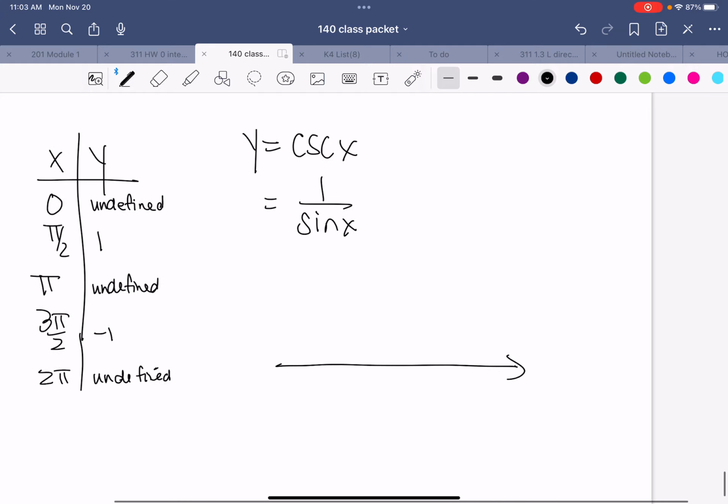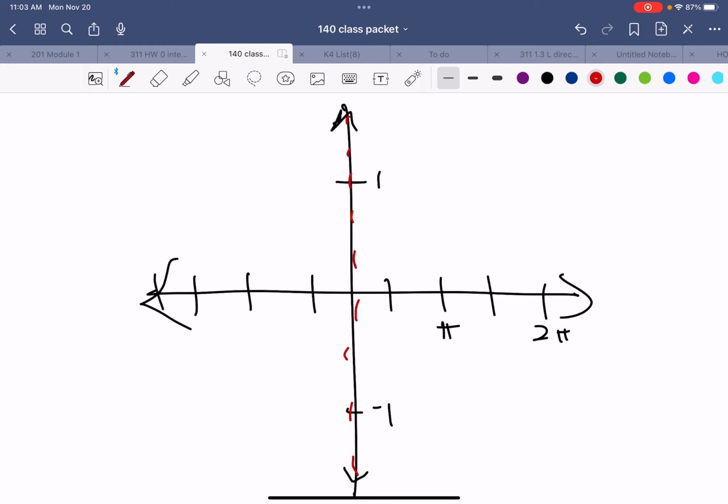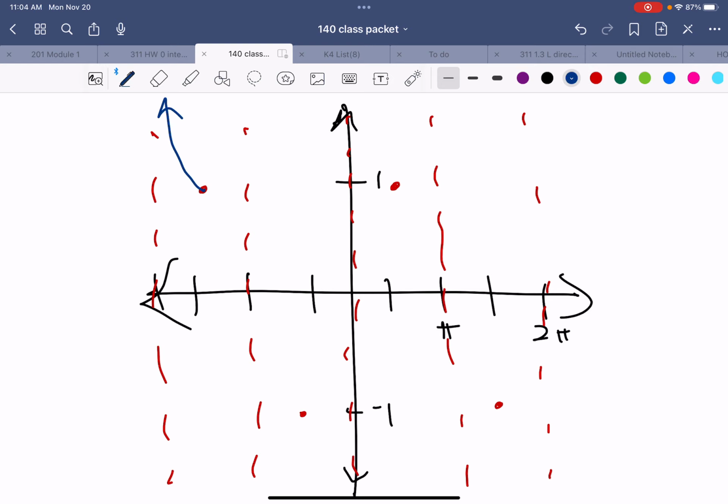Okay, so when we graph it, we're going to get the same kind of graph. Only now our asymptotes are going to be at 0, pi, 2 pi. And our values are going to be at 1 and -1, -1, 1. And we get the same kind of shapes.